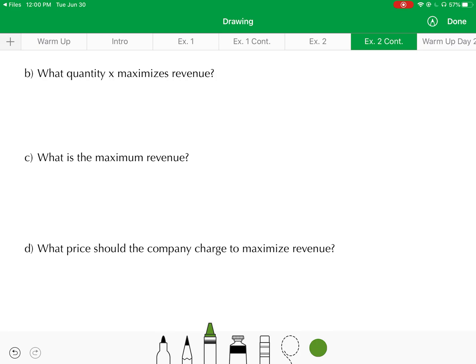What quantity X maximizes the revenue, right? We want to optimize how much money we make here. So figuring out what quantity X maximizes the revenue means find the X coordinate of the vertex in that quadratic function we just built. So we're going to use X equals negative B over 2A.